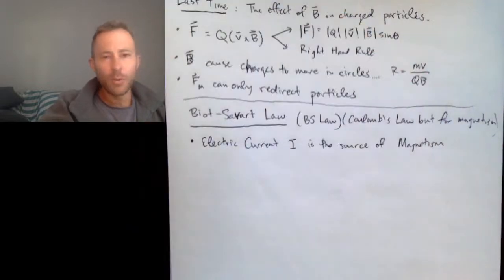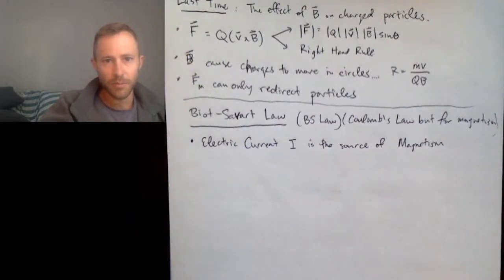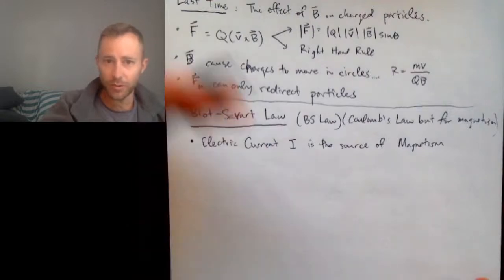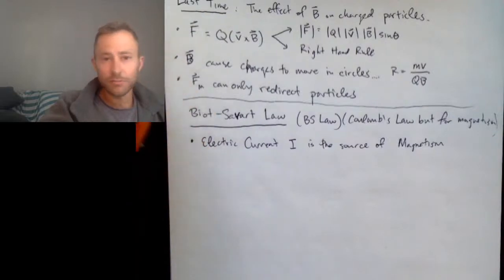So flowing charge is the source of magnetism. That is how you get magnetic fields. If you don't have electric current, then you're not going to have magnetism.